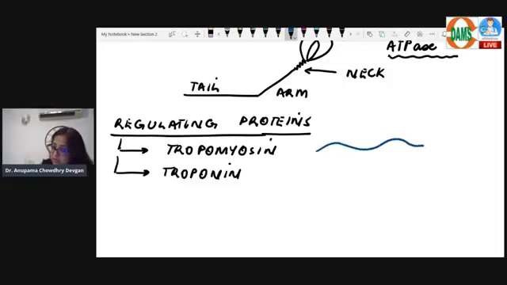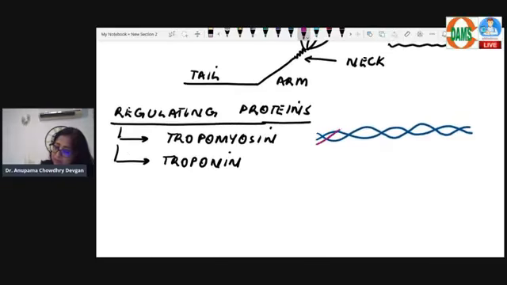Now, when you have these two strands of actin, tropomyosin moves along with actin, and it covers the active sites on actin.